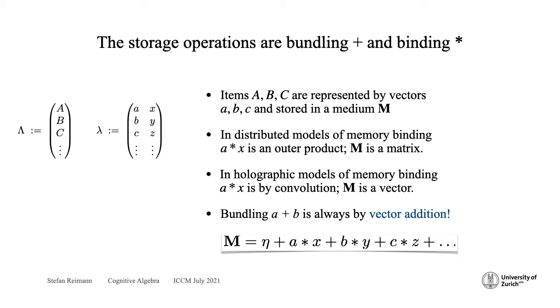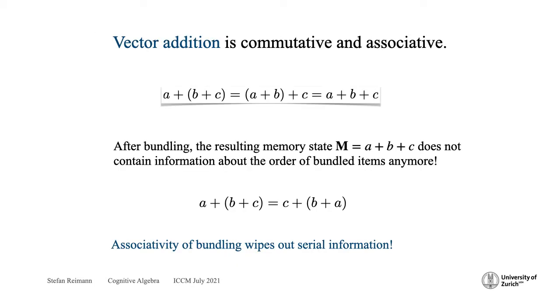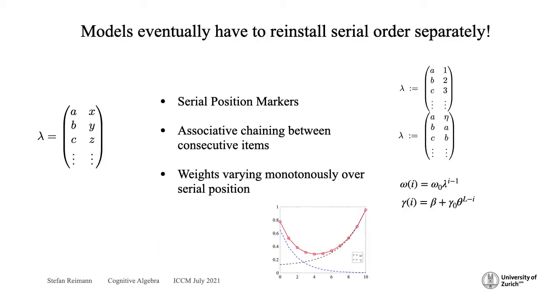While binding is realized by different formal operations, models agree in that bundling is done by common vector addition. Vector addition is a very convenient operation. Its convenience comes from the fact that changing the order of components in a sum does not change the value of that sum. But this particularly means that by using vector addition, bundling causes the loss of serial information.